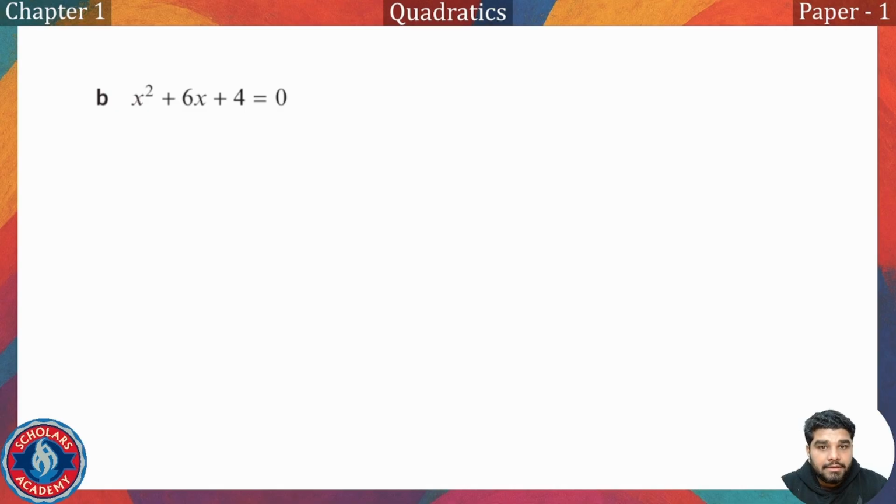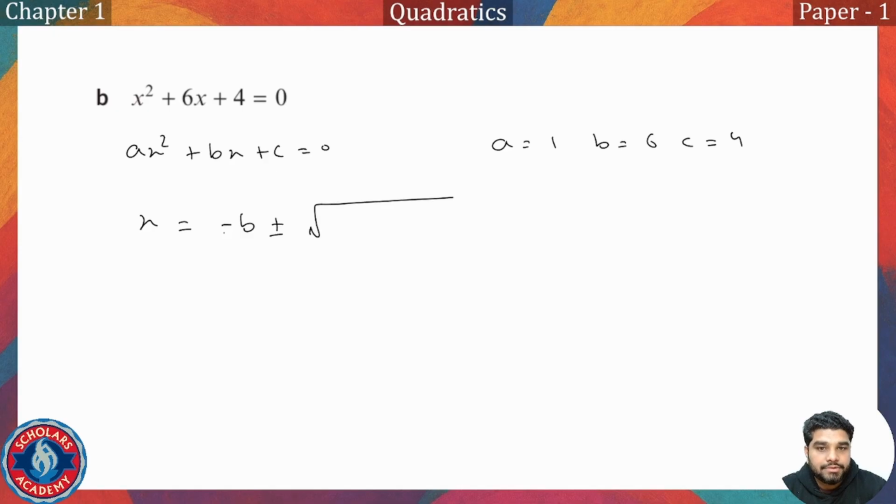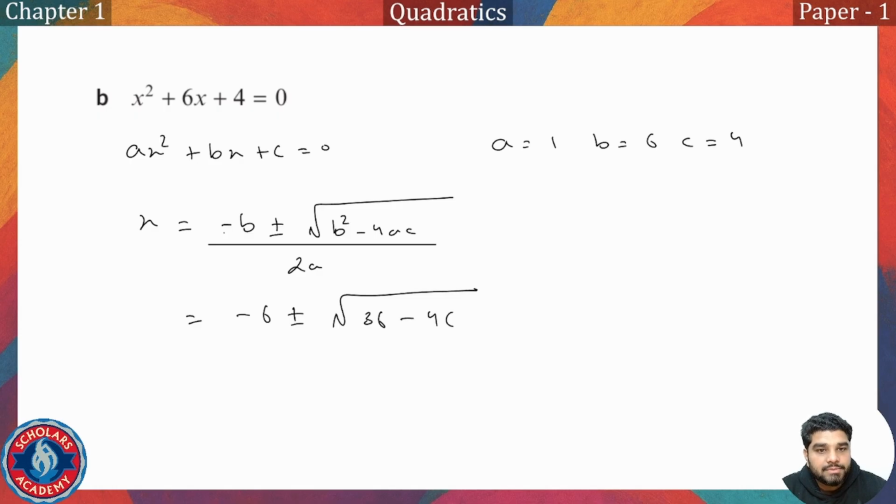Comparing this with the general equation, x square plus bx plus c is equal to 0, we get a is equal to 1, b is equal to 6, and c is equal to 4. Substituting this in the quadratic formula, minus b plus minus root of b square minus 4ac whole divided by 2a, we get minus 6 plus minus root of 36 minus 4 times 1 times 4 divided by 2 times 1.